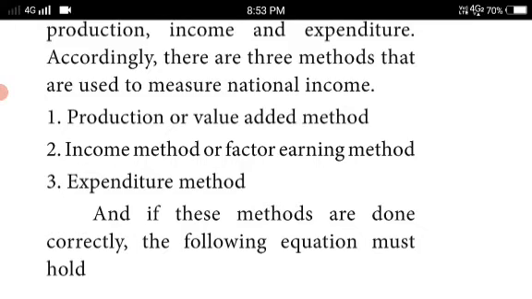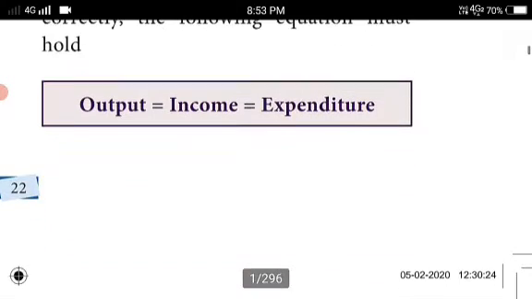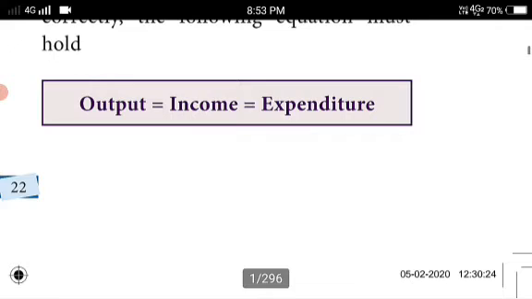If the three methods are done correctly, the following equation must hold: output equals income equals expenditure. If the three methods are calculated correctly, this will come.